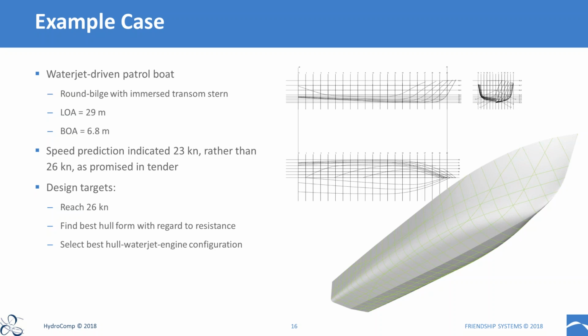So to narrow it down again, the target was to reach the 26 knots and find the best hull form with regard to the resistance, and then afterwards find the water jet suited for that.